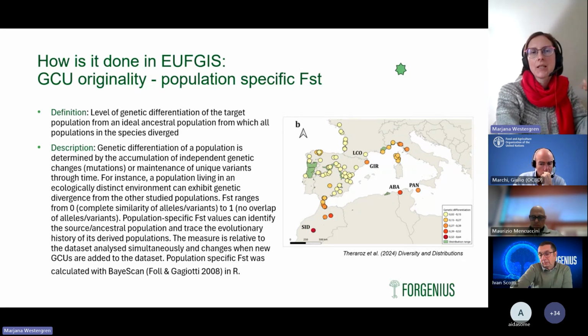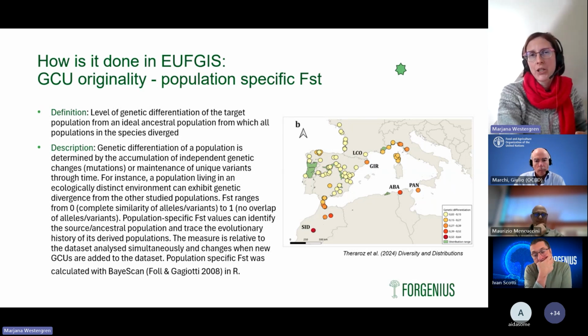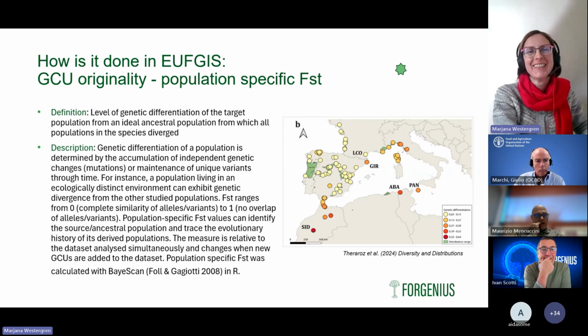And then we can see that here populations in the south, in Africa, or in the east are more differentiated from this ancestral population than the populations in the core of the distribution range, and this FST was also connected with marginality. So the more marginal the populations were, the higher their genetic differentiation was. Oh, now I got mixed up. But anyway, you understand, right?